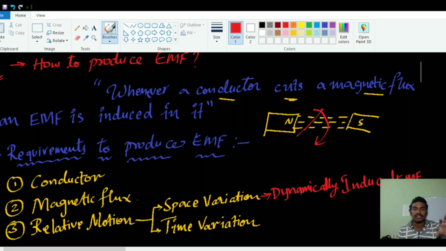Motion associated means it's a mechanical device. So dynamically induced EMF is found in all generators. In all generators, be it an AC generator or a DC generator, the EMF induced is dynamically induced.